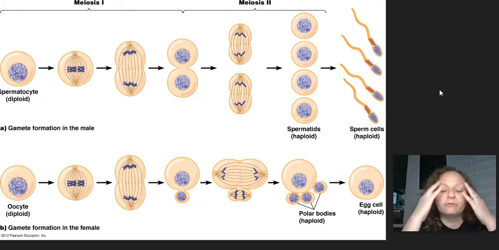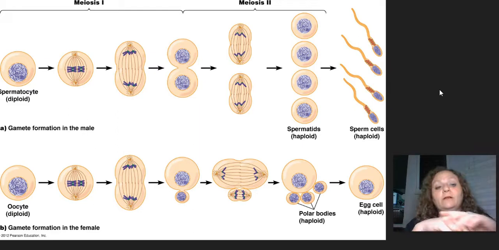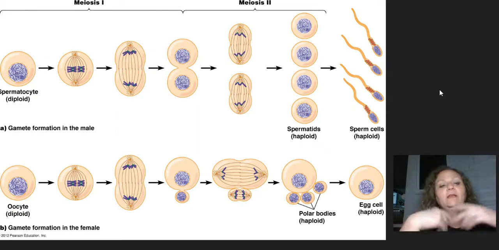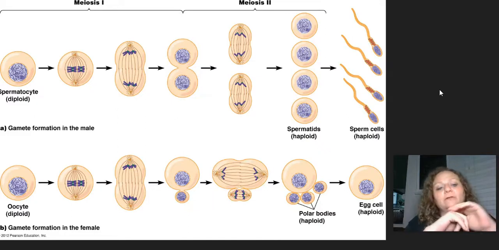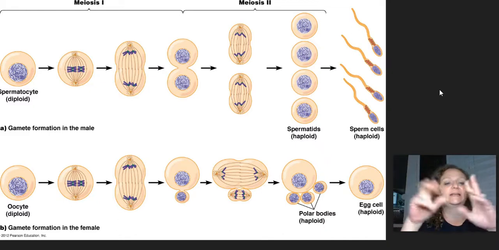We're going to go through anaphase 1, where they're going to separate and they're going to move. And here you can see, if you take a look at this picture, you can actually see how it looks like two little chromosomes together going off to either side.